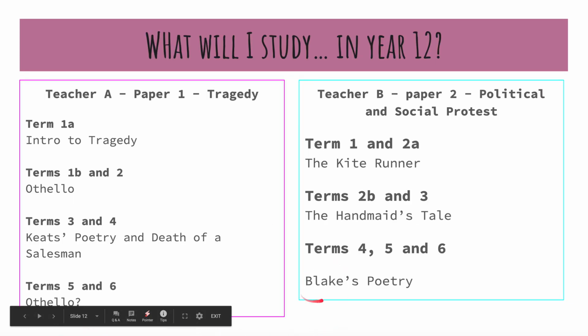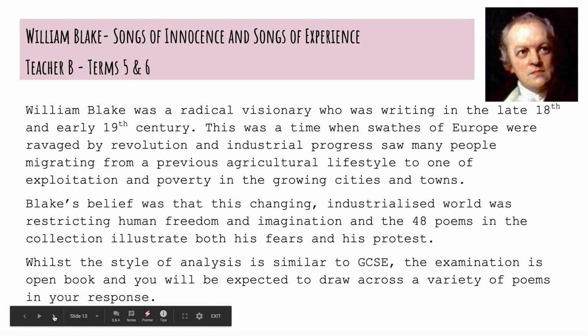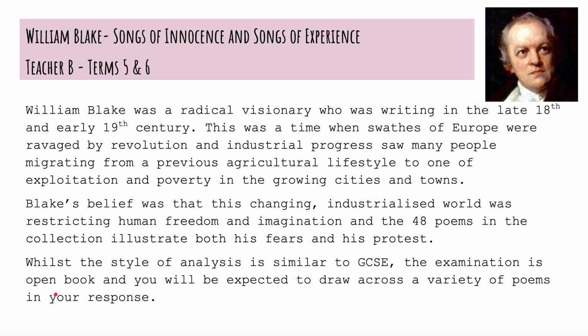So again, let's look here. William Blake, Songs of Innocence and Songs of Experience. William Blake was a radical visionary who was writing in the late 18th and early 19th century. This was a time when swathes of Europe were ravaged by revolution and industrial progress saw many people migrating from a previous agricultural lifestyle to one of exploitation and poverty in the growing cities and towns.